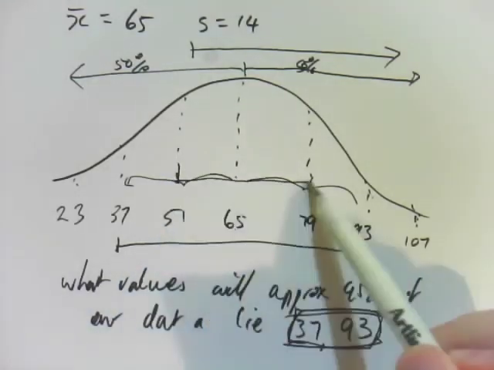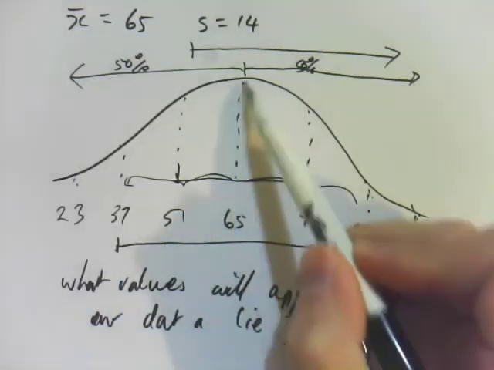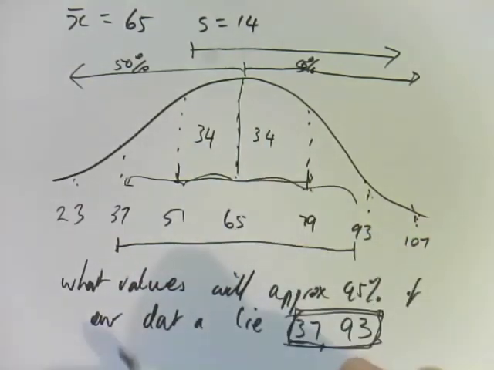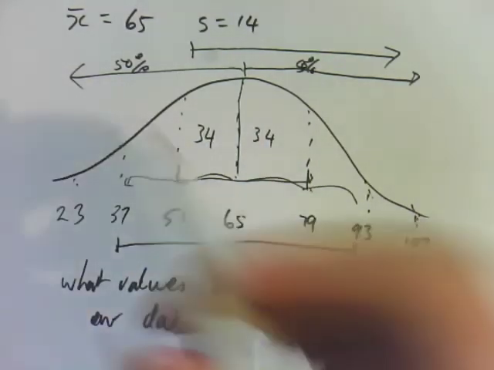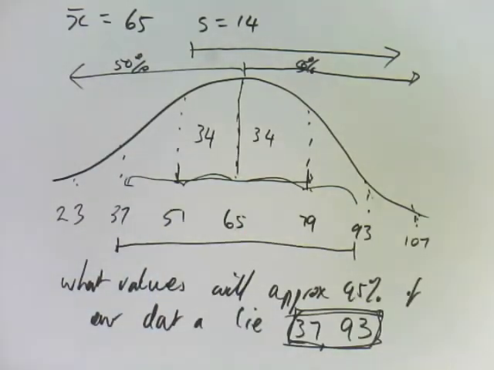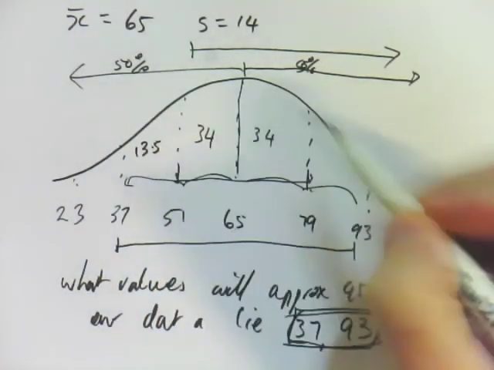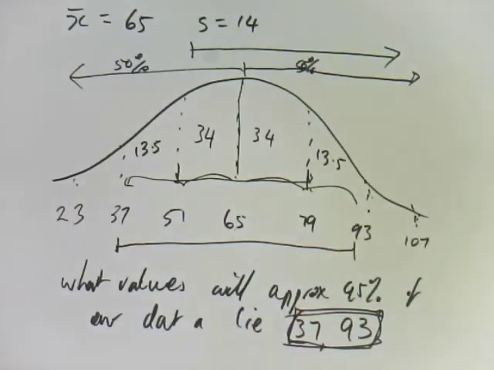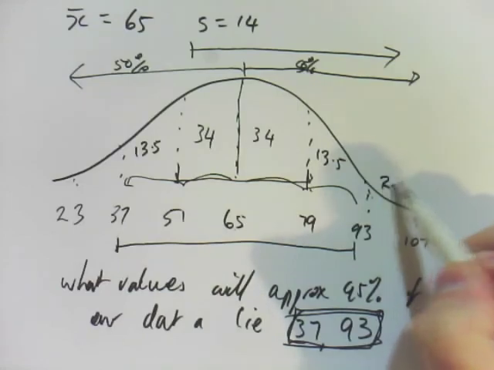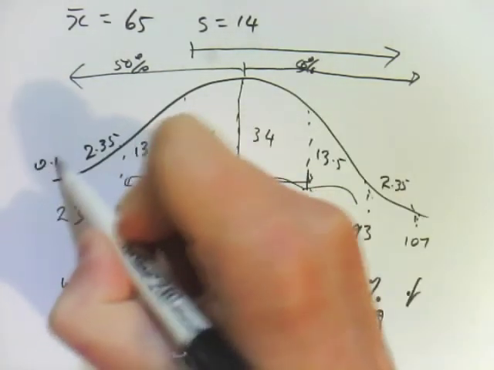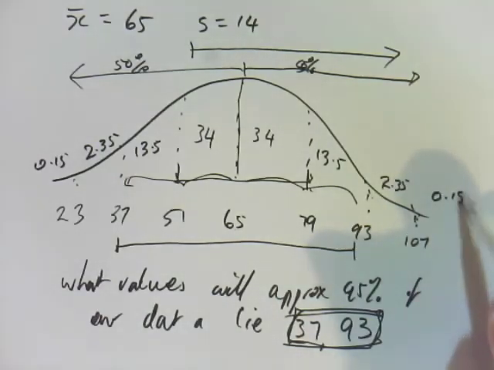If in here there is 68%, and you halve that, then each of these sections is worth 34%. We can break that down even further and say that this next section out here is 13.5%, and then the next section out is 2.35%, which leaves 0.15% out there and 0.15% out there.